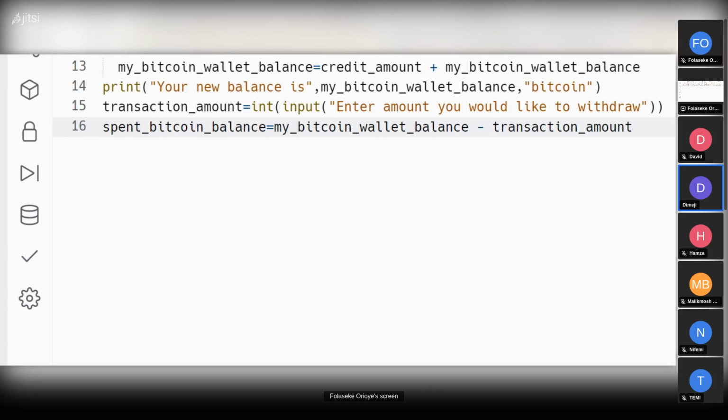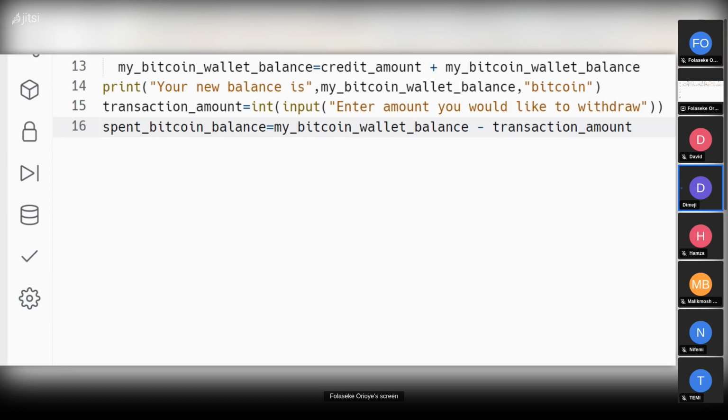But in the world of finance, when we are spending from our wallets, we don't just create new accounts or new balances everywhere. We still maintain the same balance. And what is our initial balance? My Bitcoin wallet balance. So I wanted to change line 16, that spent Bitcoin balance, to my Bitcoin wallet balance.